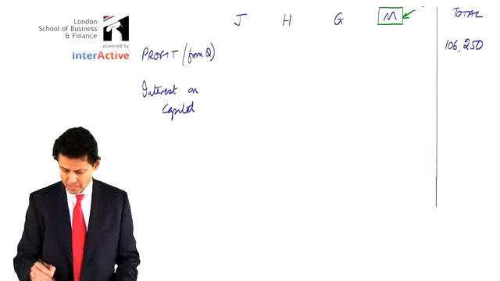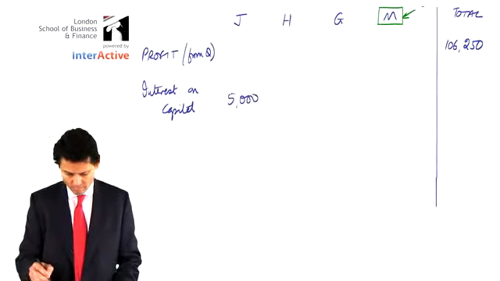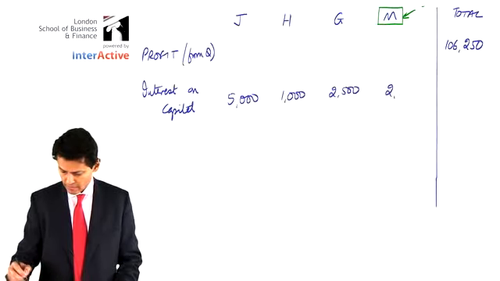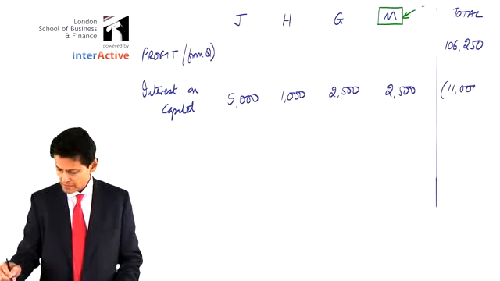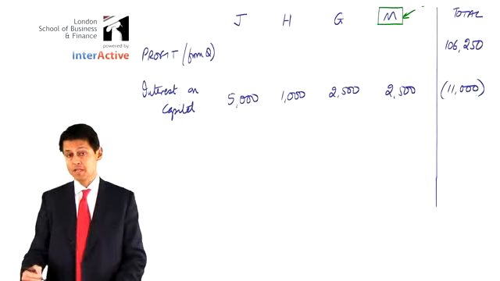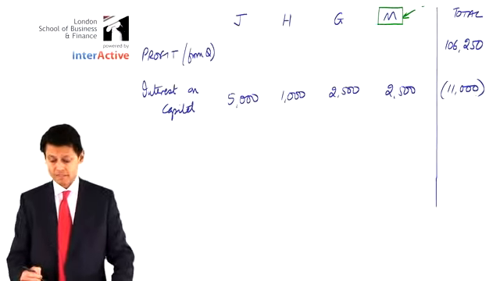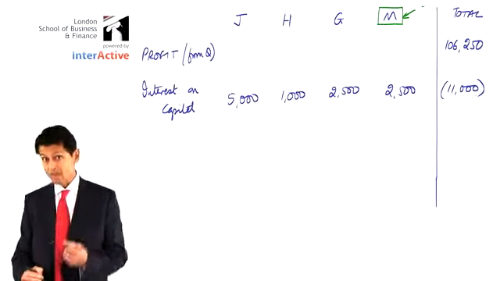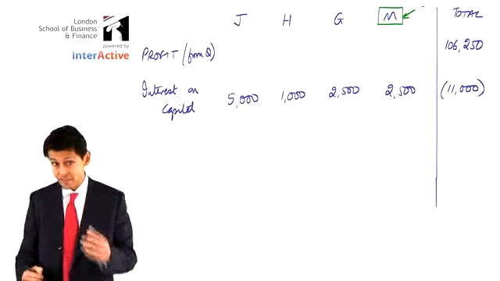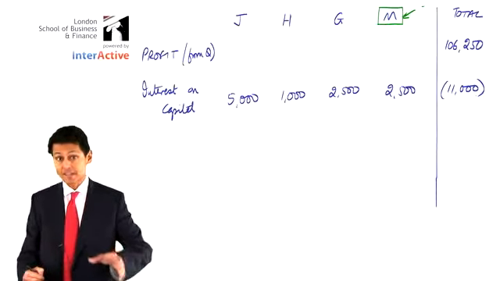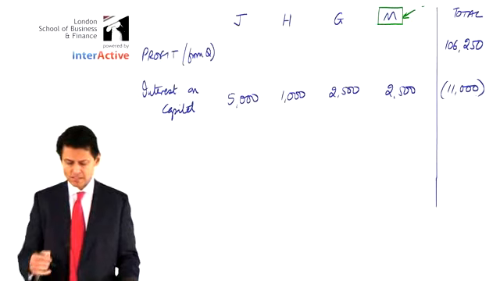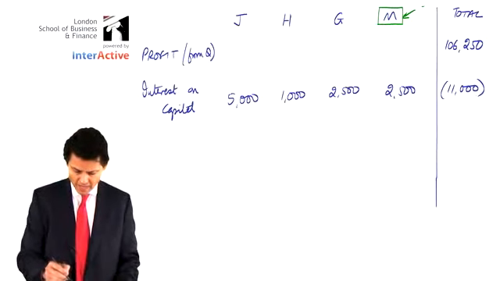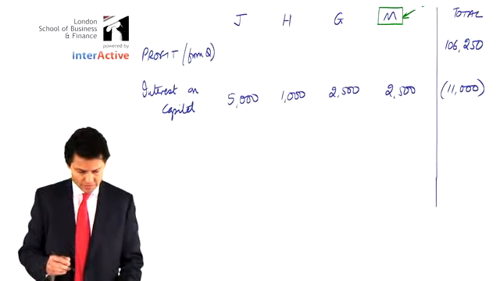So you've got 5,000, 1,000, 2.5, and 2.5. So I'll take away 11,000. If you agree interest on capital is a way of sharing profit, the 11,000 must be taken away from the 106 to leave about 95 to be shared out later through various means. So that's the first profit share that goes out.